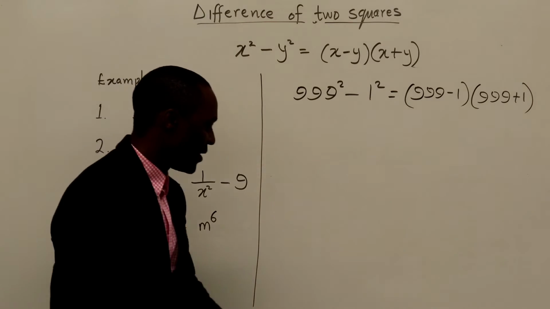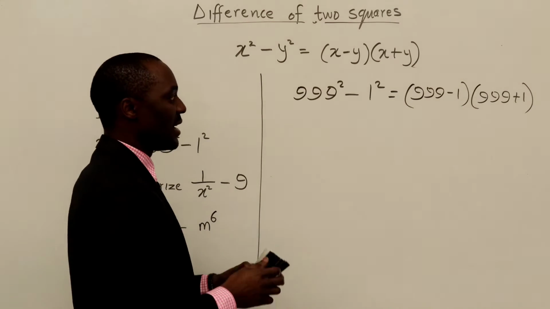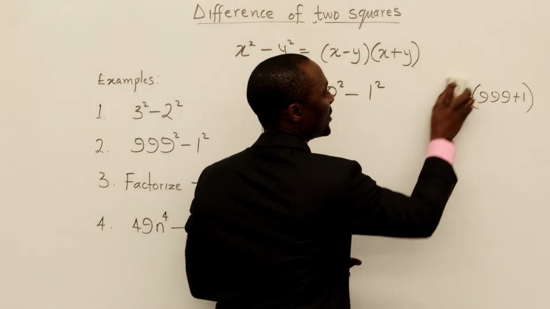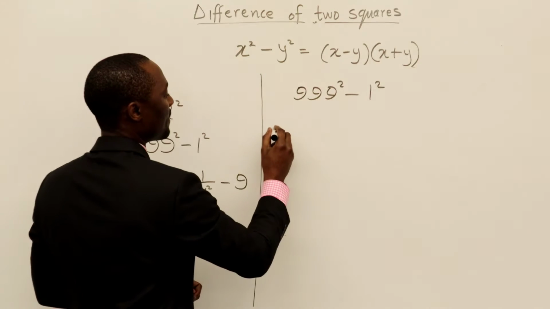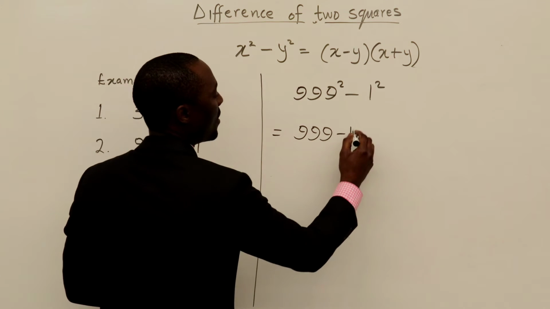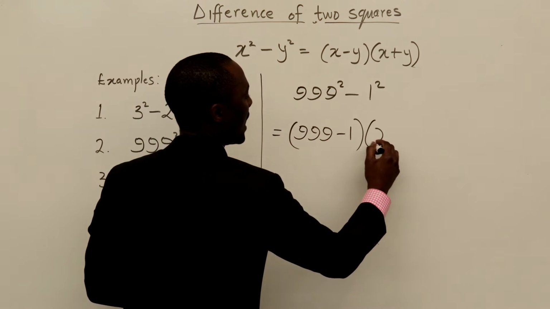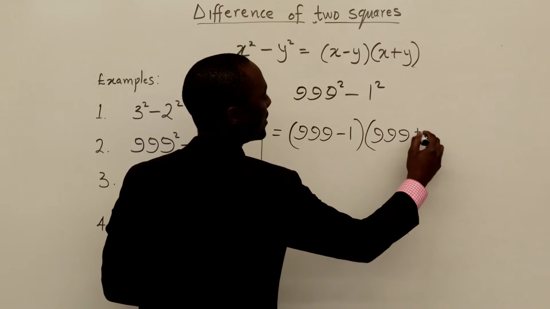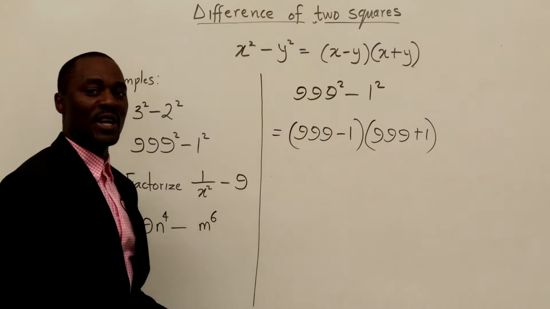You know what? I'm going to write it on this side. I'm not sure if my camera angle is capturing that. So let's do it here. So this is going to be 9 minus 1, 9 plus 1. Well, you don't need a calculator to do this.